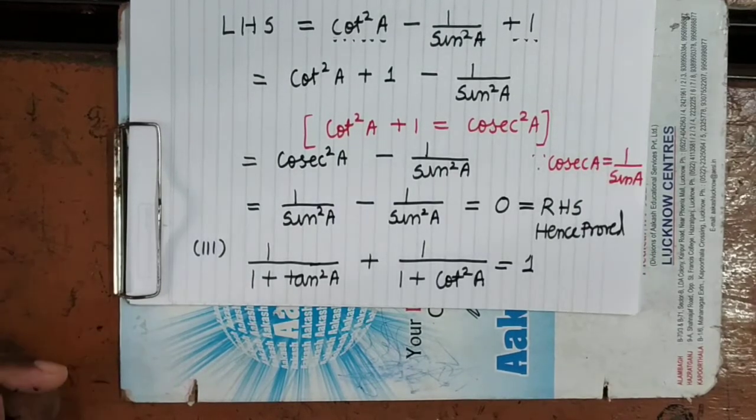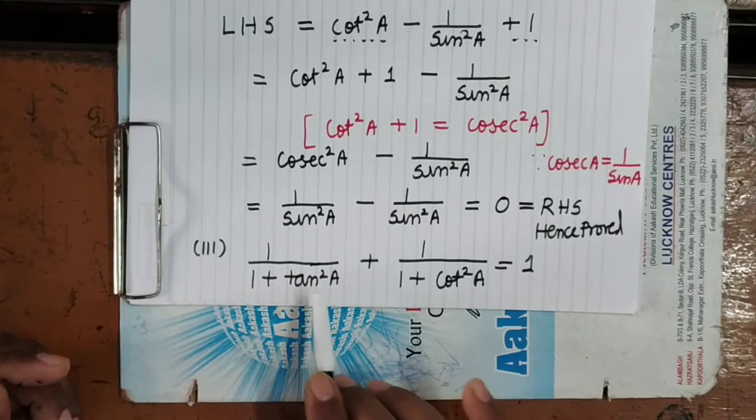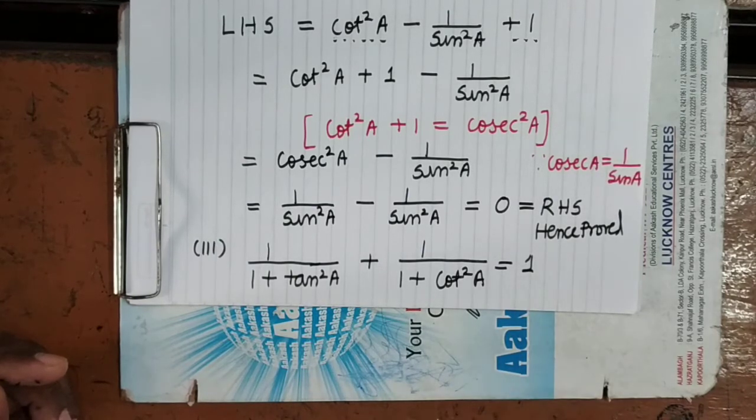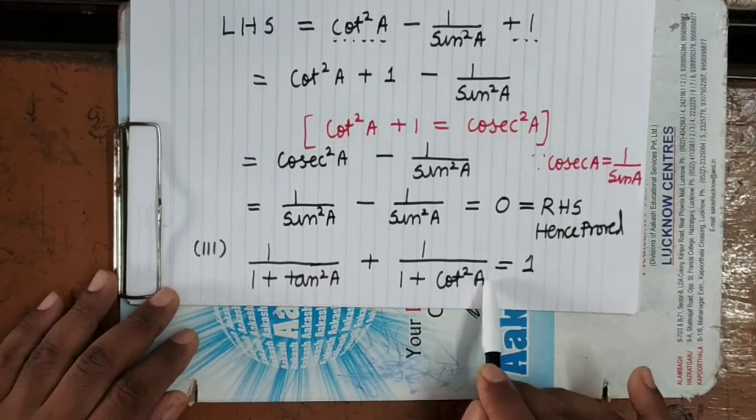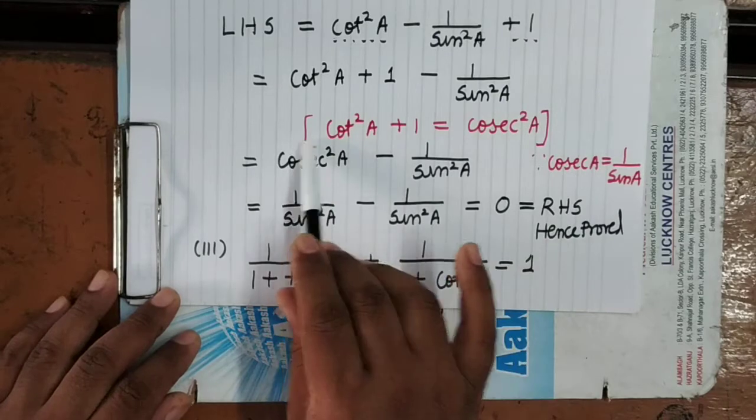So you can tell it very easily that 1 plus tan square theta is sec square theta, so it will be sec square A, and it will be cosec square A. Just now I have written.